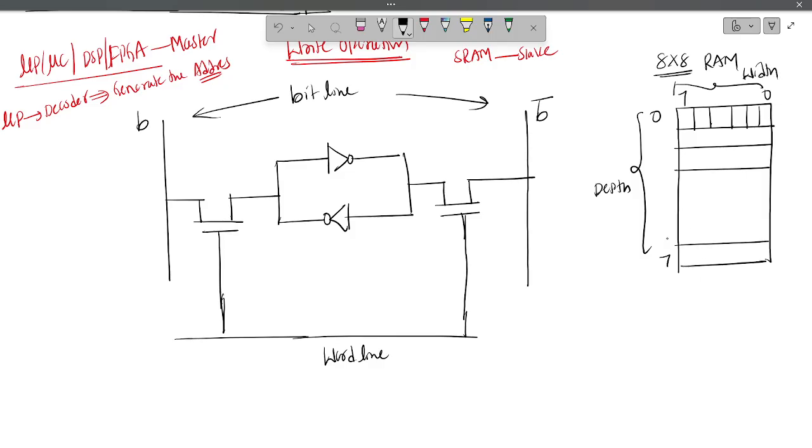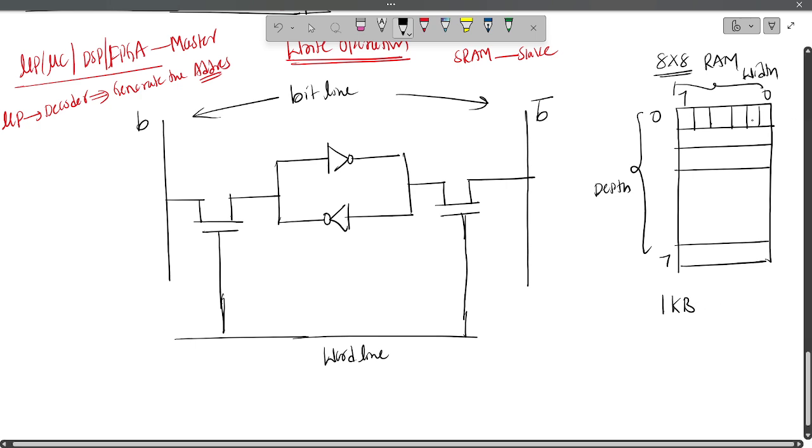Normally memory is defined in terms of kilobytes. One byte equals how many bits? 8 bits. And 4 bits equal one nibble, 16 bits equal one half word, 32 bits equal one word.